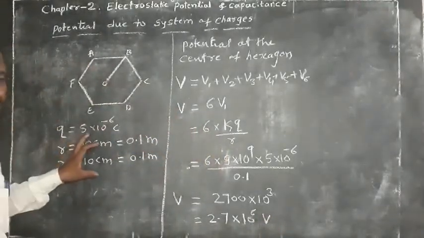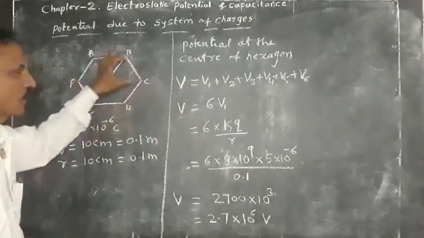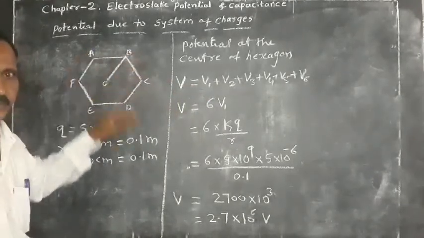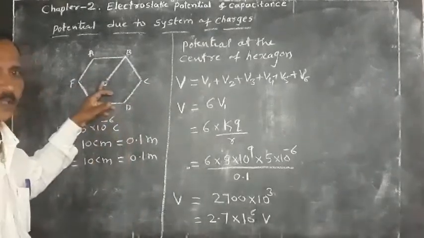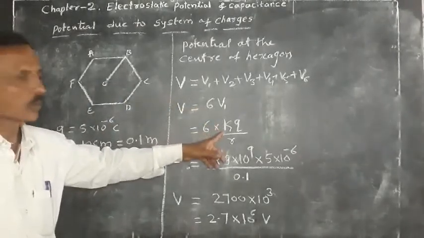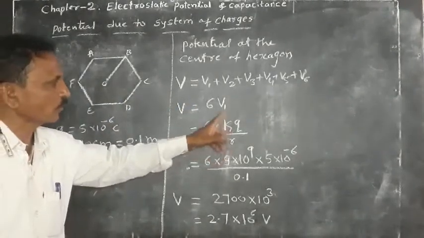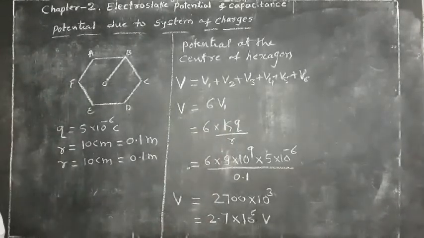Clear? And it is only possible for regular even-sided polygons. For example, for a square also the potential can be calculated as 4 times V1. Okay? Thank you.